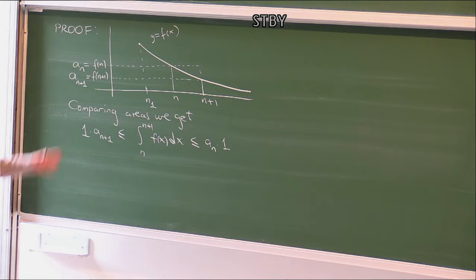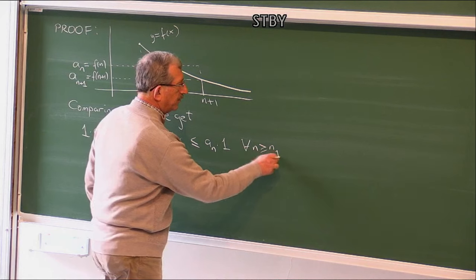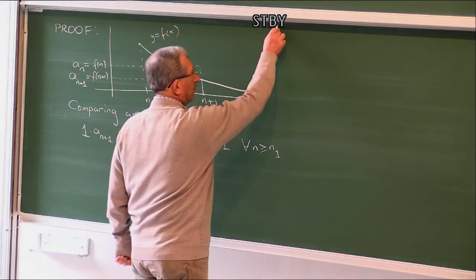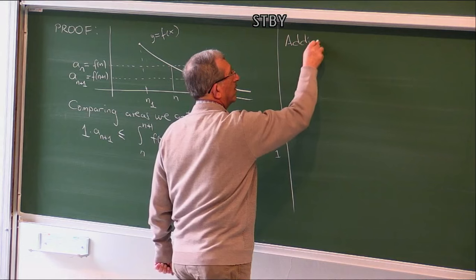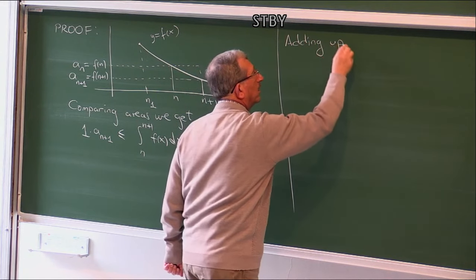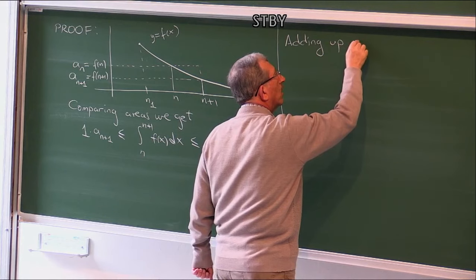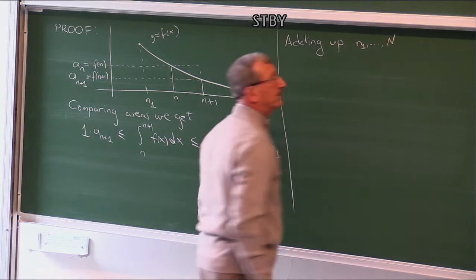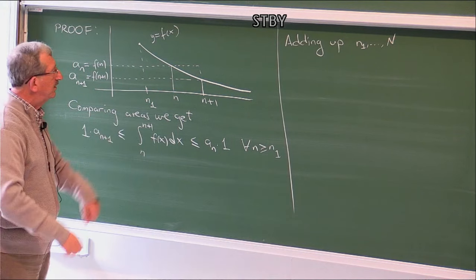Well, this is true for all n after n1. So we add them up, for n from n1 up to a capital N. Capital N is a fixed number.